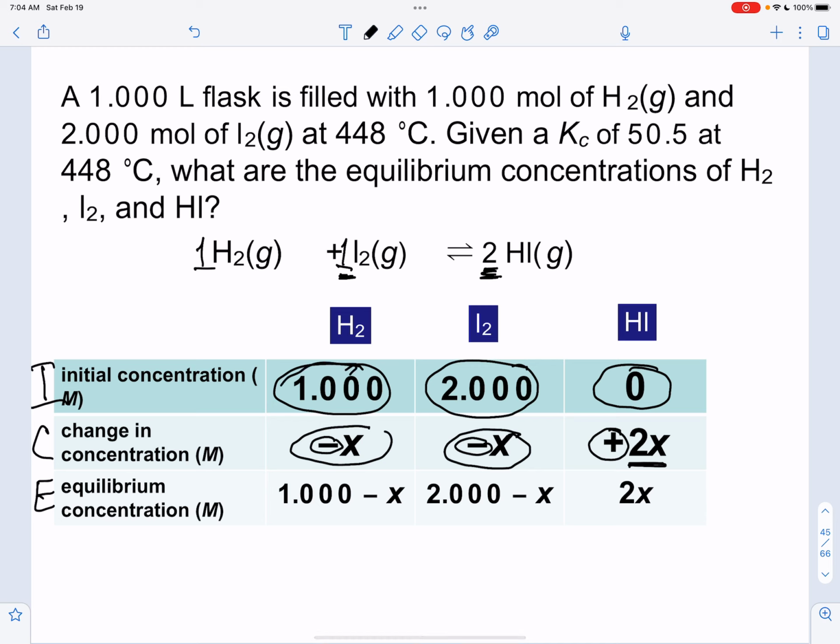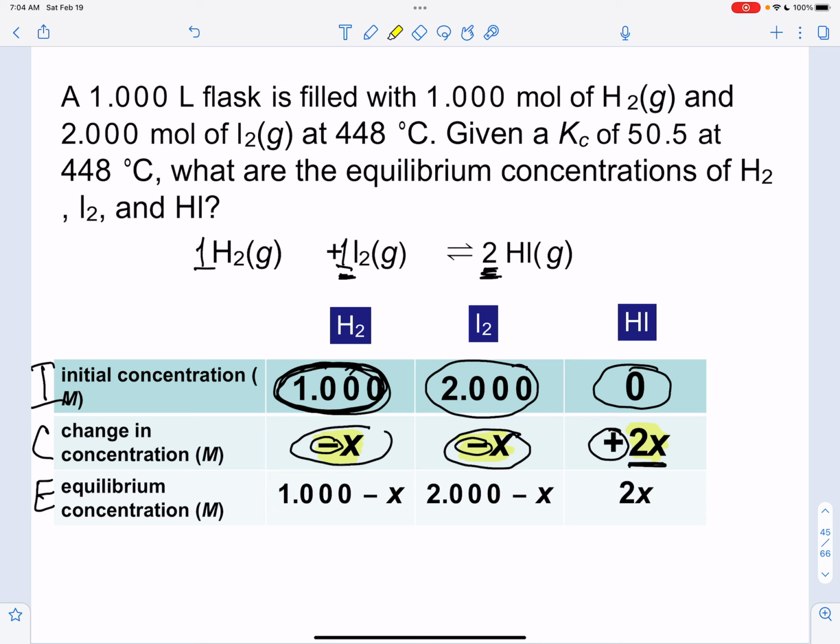So we're not consuming the whole 1 mole that we put there. We're only consuming a portion of it, which stoichiometrically is the same as the other reactant. And stoichiometry tells us that this is going to be twice as much.